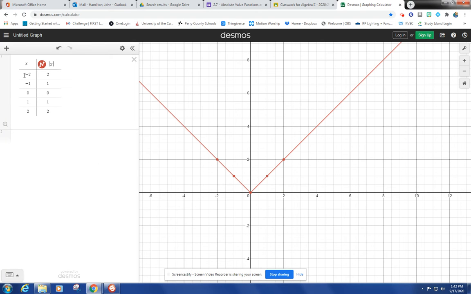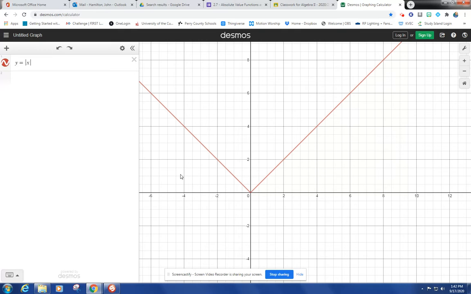If I put -2 in for the x value, then the absolute value of -2 is still 2. If I put in -1 as my value for x, the absolute value of -1 is 1. So you can see that all these values are positive no matter how I go about that. That is why this goes up in the direction that it goes.